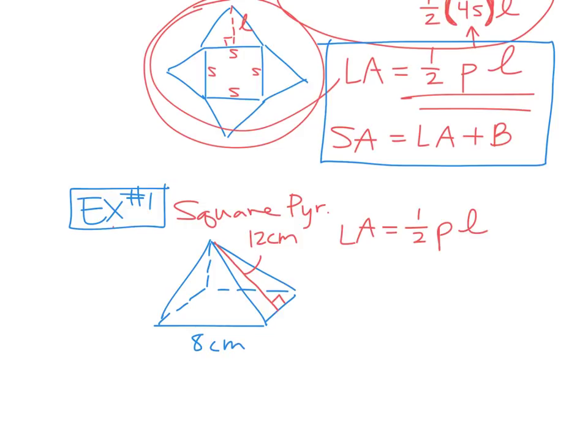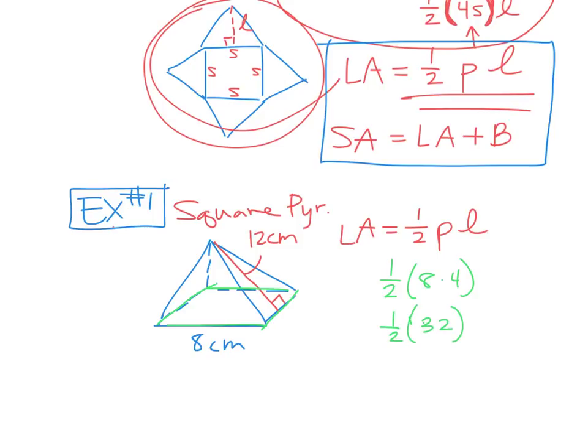What's P? Which is what number right now? 8 times 4, right? Your perimeter is going to be 8 plus 8 plus 8 plus 8, or 8 times 4. So it's 1/2 times 8 times 4, or 1/2 times 32.